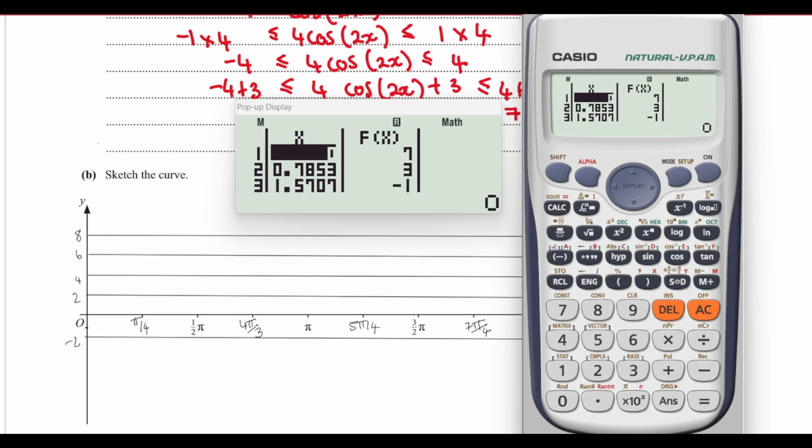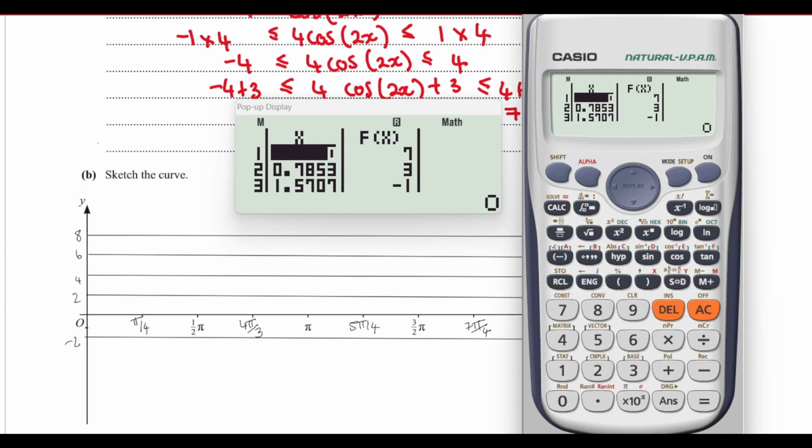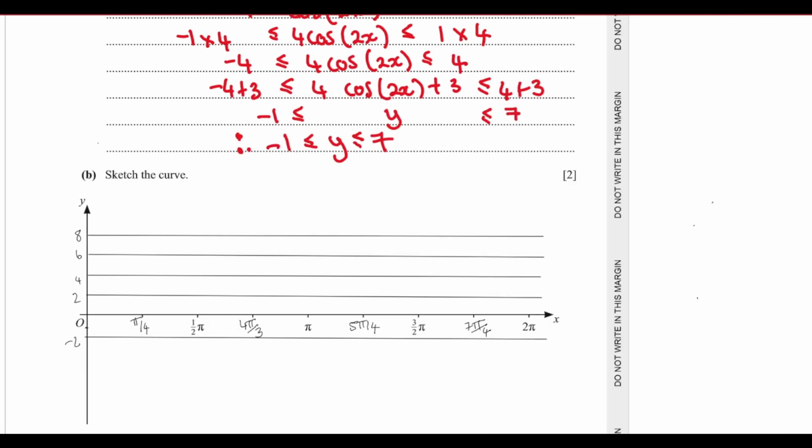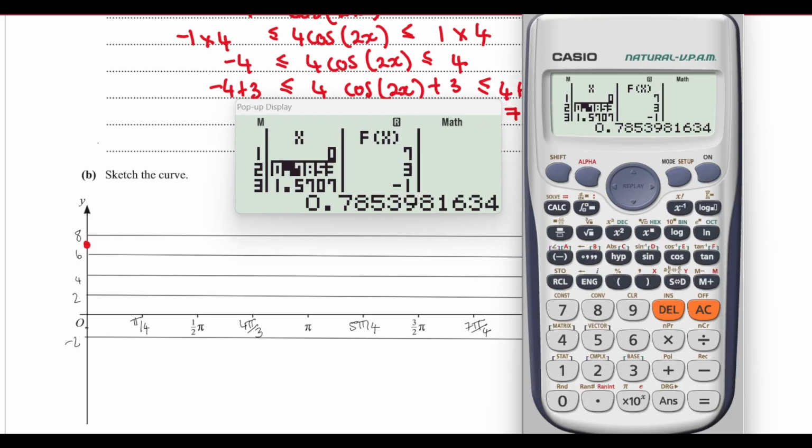It's giving you the y coordinates of all these x labels down here. This table mode doesn't display the pi symbol, so for example that 0, obviously, is where the curve cuts the y-axis, but that's 0.7853, that is pi divided by 4.